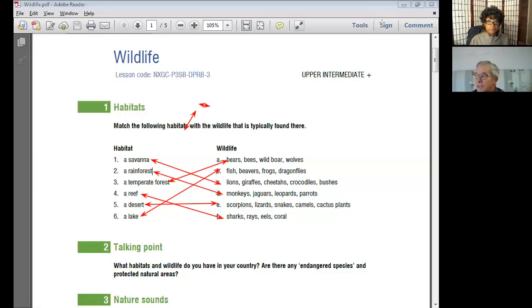Are there any endangered species in your country? In my country, the only endangered species is the wolf.